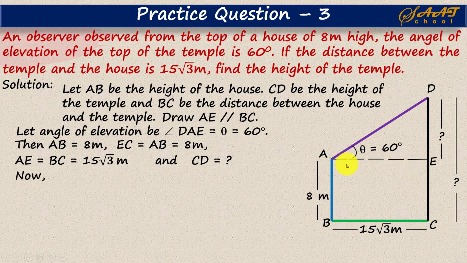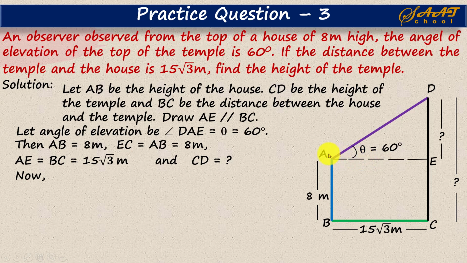Now since we have here AE and we have to find this DE, for this angle of reference, the side opposite to this angle is the perpendicular. Since this is the hypotenuse, this one is the base.